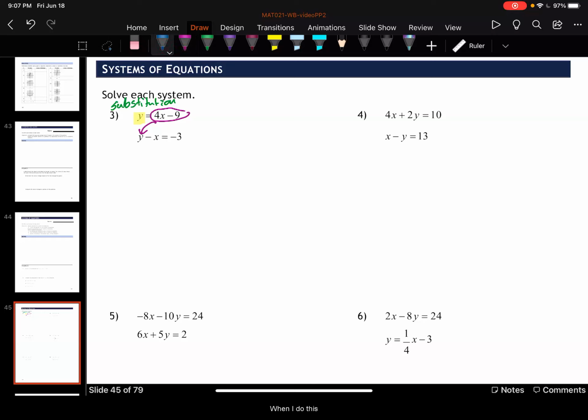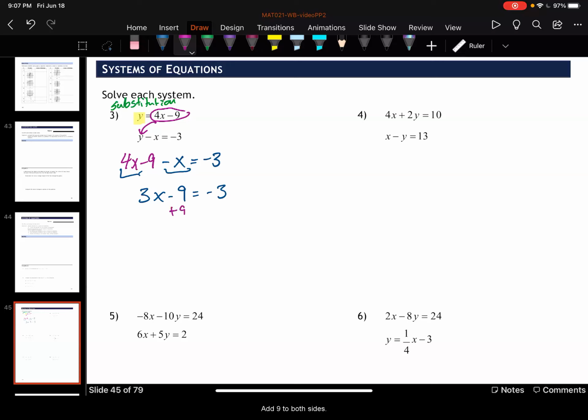When I do this, I'll get 4x minus 9, where that y was supposed to be, minus x equals negative 3. Then I can combine my like terms. 4x and a minus x would be 3x, and then minus 9 equals negative 3.